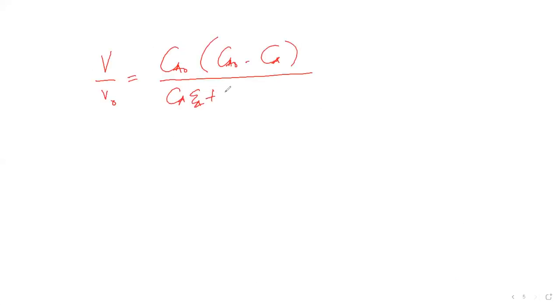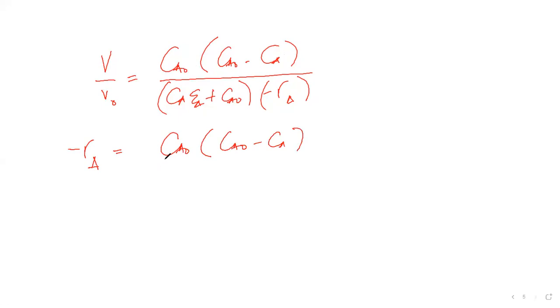So this whole thing is for the XA, and you have here the rate expression. I want to know the rate. So my rate, this one you transfer here, CaO minus Ca. And this one you transfer here, so that would be small v sub O. This one we place here. So this is V times the quantity Ca epsilon A plus CaO.